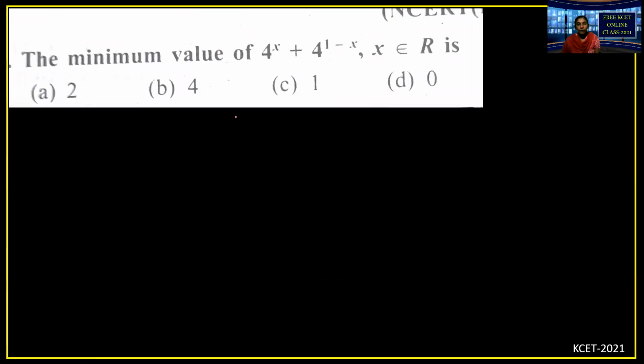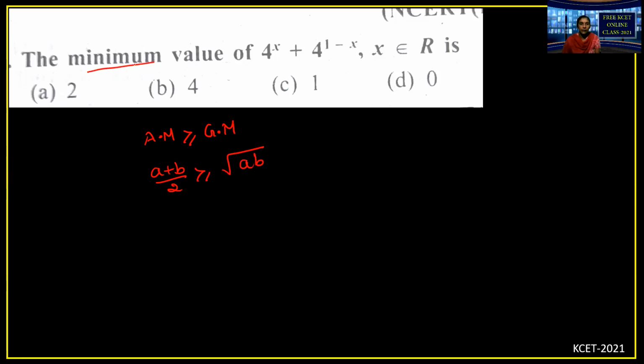Next question. The minimum value of 4 power x plus 4 power 1 minus x, where x belongs to R, is? So now I want to recall the formula. Arithmetic mean is greater than or equal to geometric mean. So the arithmetic mean, A plus B divided by 2, is greater than or equal to the geometric mean, the square root of AB.